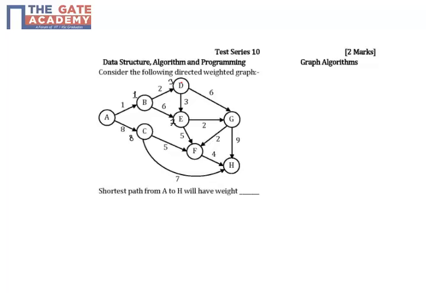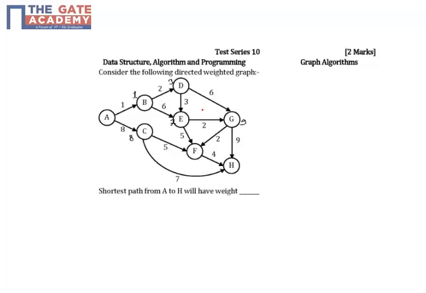So I'll have to change the weights from D to all the reachable nodes, that is E and G. For G the distance will be 3 plus 6, 9. That means from A I can reach G with distance 9.